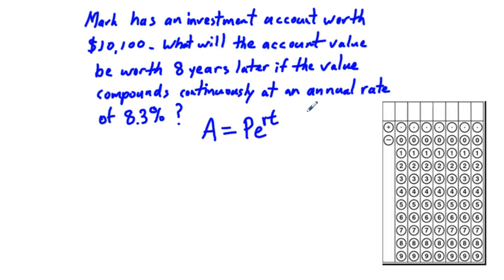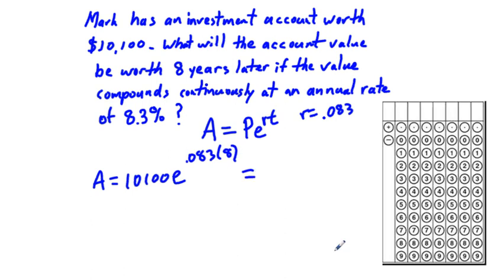R is going to be equal to 0.083. So our amount is equal to $10,100 times e to the power of 0.083 times 8 years. That's going to be pretty easy in our calculator.